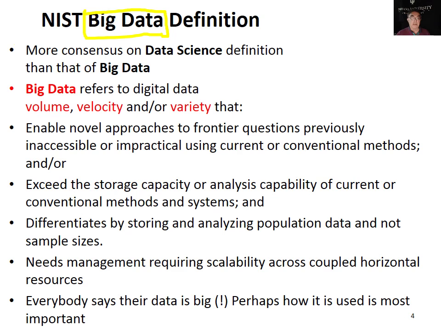Interestingly, data science, which we'll discuss on the next slide, actually was somewhat easier to define than big data, because it's not quite clear what big means, how big is big, and also what is big describing. Usually big is associated with these so-called V's: volume, velocity, variety, although there are other V's like veracity, which also come into play.